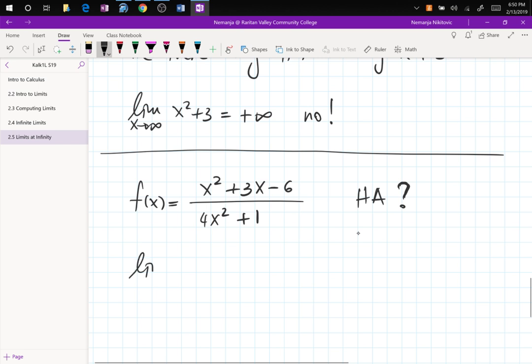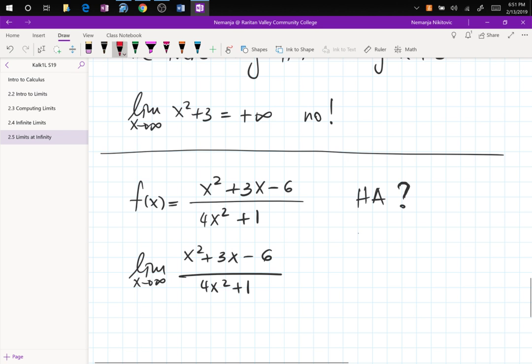So we say, okay, limit as x goes to infinity of x squared plus 3x minus 6 divided by 4x squared plus 1, and we need to solve this limit. If we get a finite value on the other end, then that's the horizontal asymptote. If we get infinity, then that means no horizontal asymptotes.